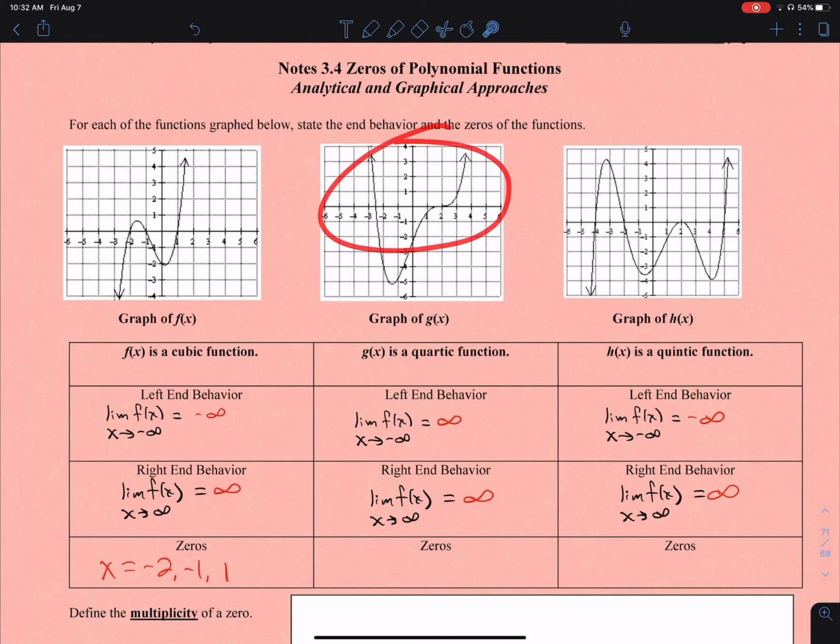For g of x, I'm just going to estimate that it's -2.5 and possibly 2. It's really hard to tell there. For h of x, it looks like -4, -2, 2, and 5.